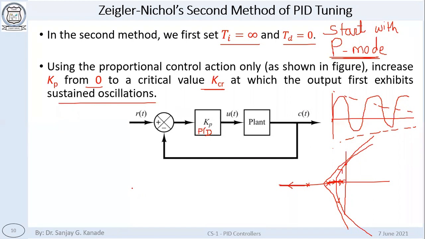And from that value of Kcr, we get the final transfer function, then the final characteristic equation. And from the characteristic equation, we find out the frequency of these sustained oscillations. How much is the time period? How much is the frequency of sustained oscillations? That's what we find out.